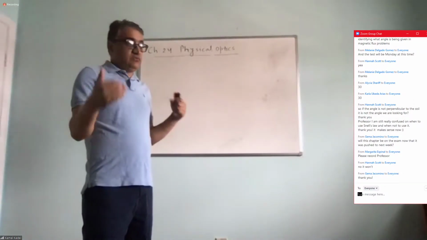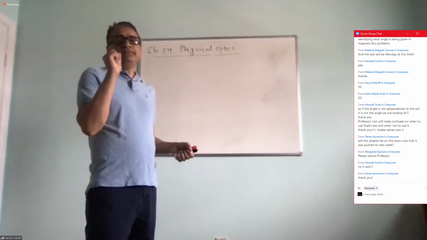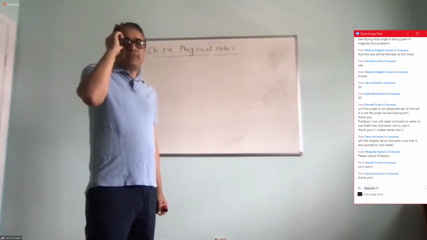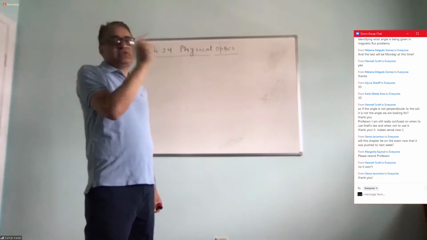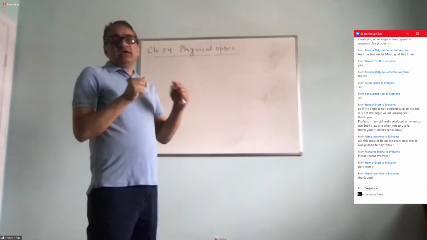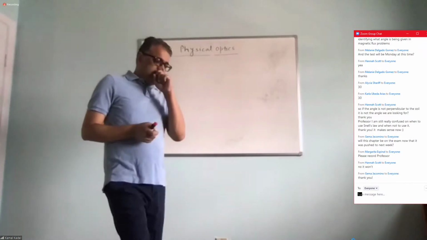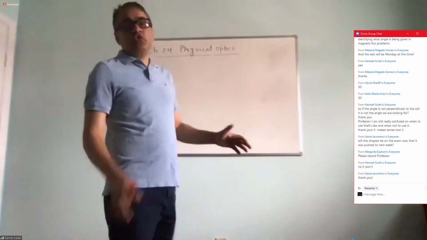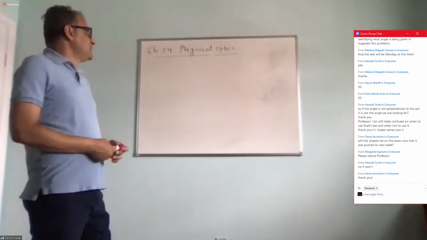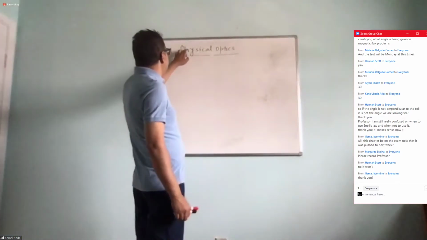Or right now, I'm wearing my glasses, so I can see the object through the glass, right? So there are two ways that I can see images. One is by reflection and the other is refraction, right? All these things that we learn here are called physical optics.